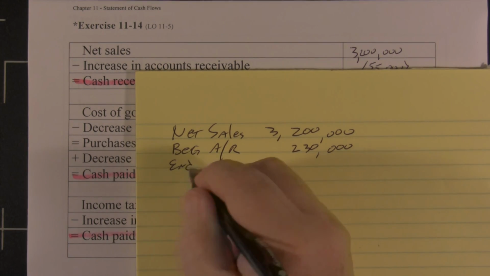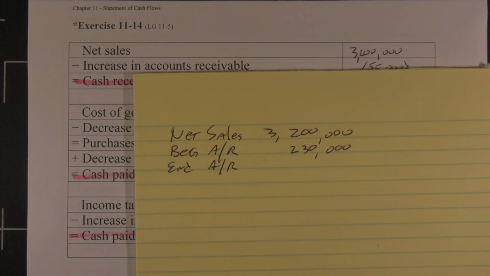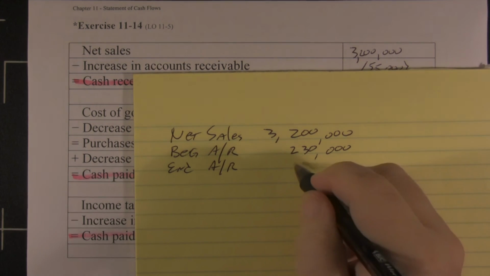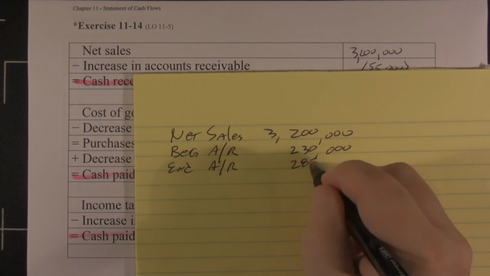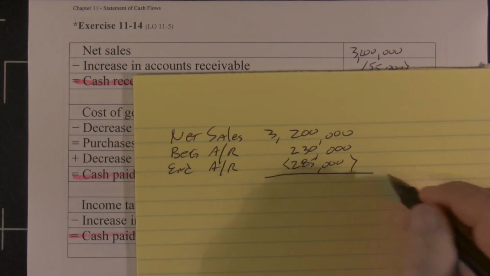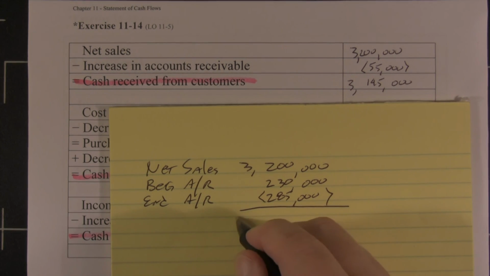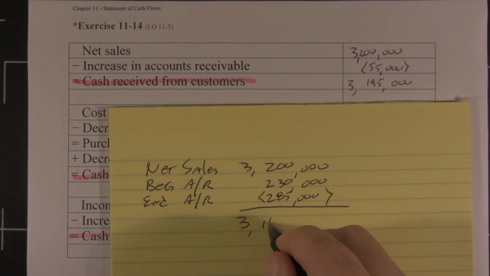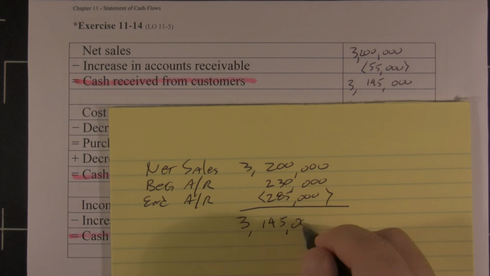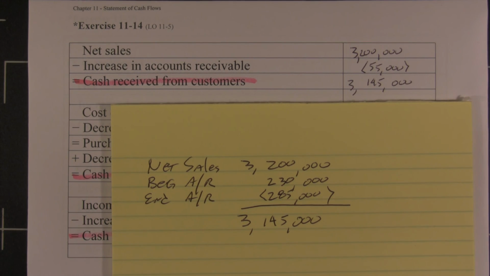By definition, that's the accounts receivable we didn't collect at the end of the year, and that's $285,000. So I did not collect that cash, and when I do that, I find that my cash received from customers is $3,145,000. You pick the method that fits best in your head.